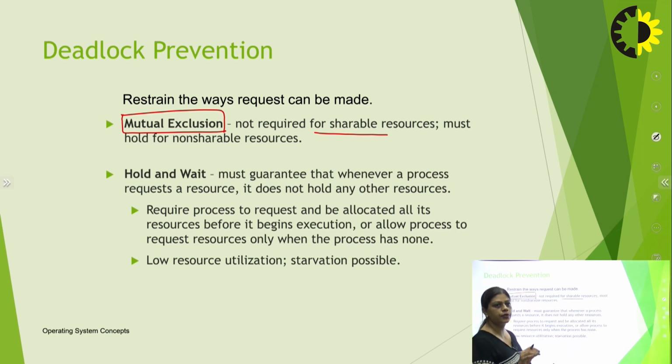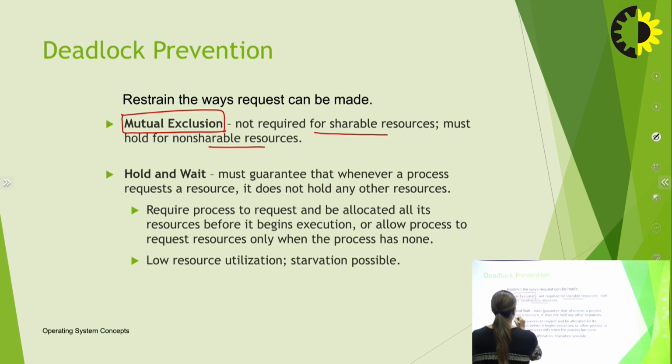If the system resource can be shared, then don't put the mutual exclusion rule on that particular resource. Mutual exclusion must be held only for non-shareable resources. For shareable ones, we don't need the mutual exclusion rule.